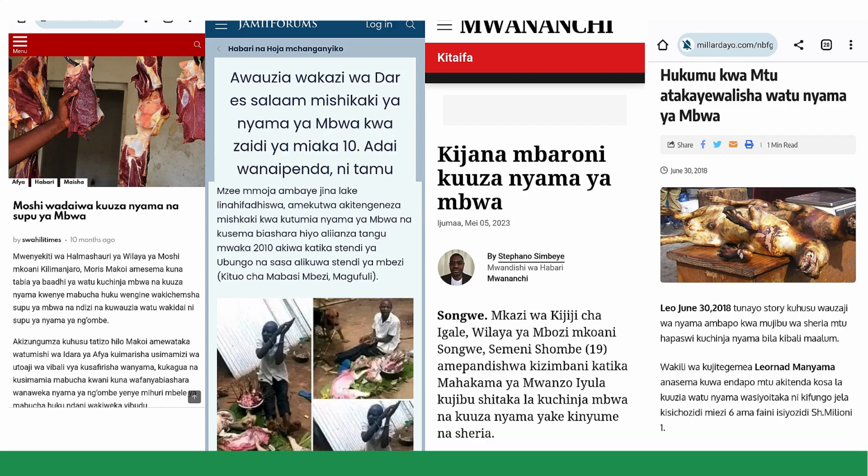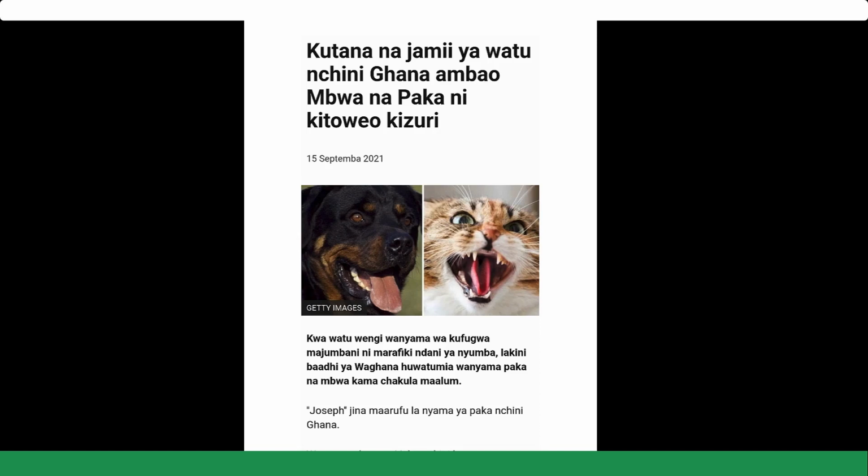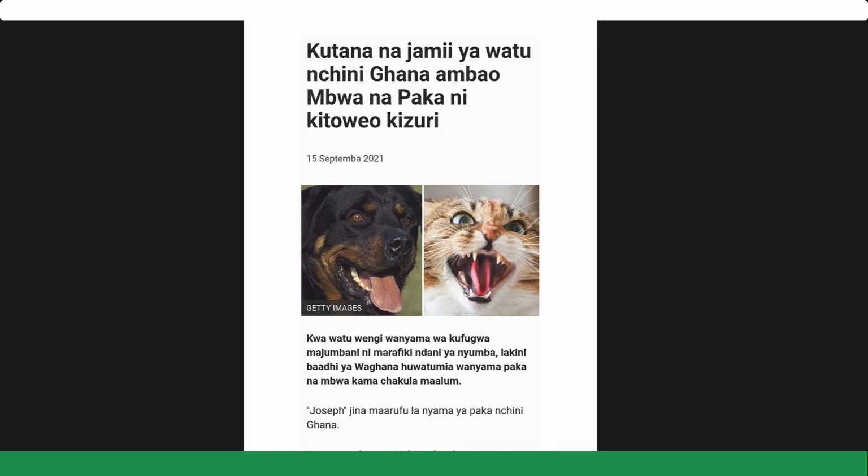On the third, this happened in Mbozi, Songwe, where someone was also selling dog's meat. Another scenario happened somewhere in Kenya, where someone was also selling dog's meat. However, in Ghana, these cases are common and people are allowed to consume dogs and cats. In our situation, it's prohibited, but in some places, people are allowed to do so.